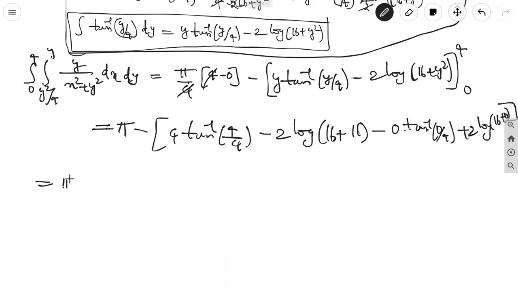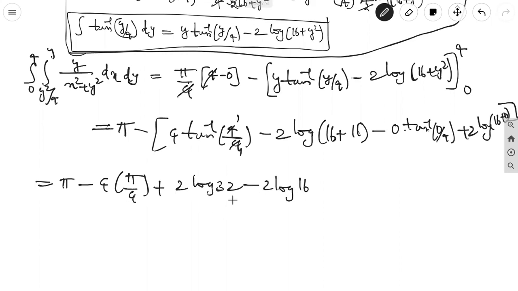It is equal to pi minus 4 tan inverse 1, which is pi by 4, minus 2 log 32, the 0 term is zero, minus into plus, minus 2 log 16. This 4 cancels, pi minus pi also gets cancelled.